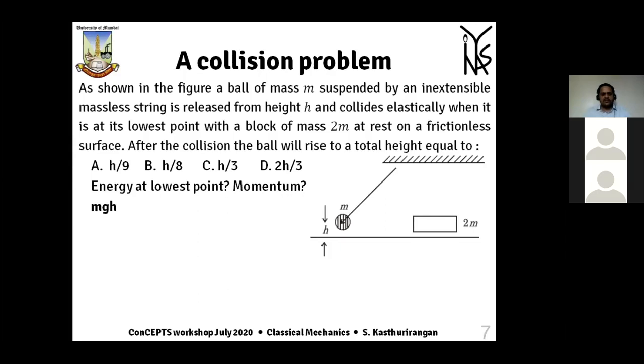So the energy is the original height multiplied by the acceleration due to gravity multiplied by the mass. From that, you can easily get the momentum using the square root of 2mE, and you will find that you know the momentum as well. That is good. Now what do you do?